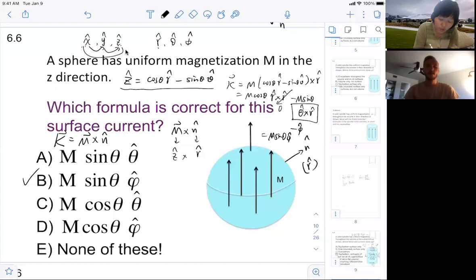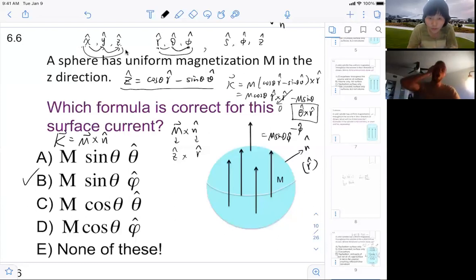So r cross theta, r in the front, and then cross theta is phi hat. Now, if you reverse any of those two, you get a negative sign. If it's theta cross r, it would be negative. And in the order, theta cross phi hat is r hat. If those are reversed, you pick up a negative sign. And phi cross r gives you theta. The same thing goes for r, phi, and z. Okay. So in this case, B is the correct answer.